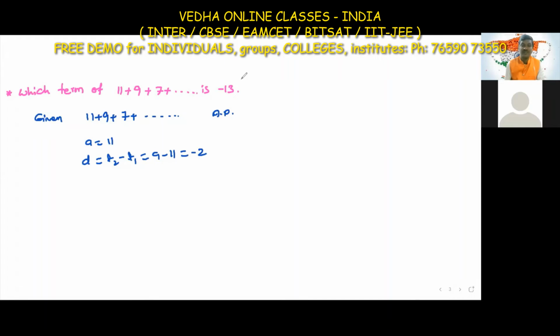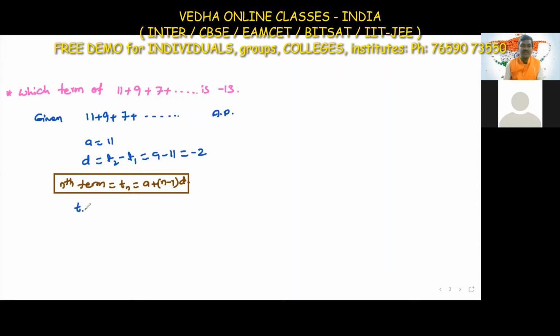Here we have the formula: the nth term, Tn or An, is equal to a plus n minus 1 into d. This is the formula, and we are going to use it now.